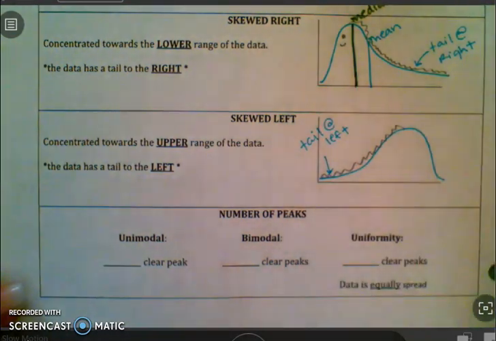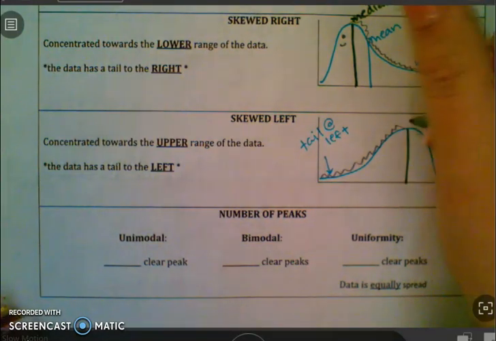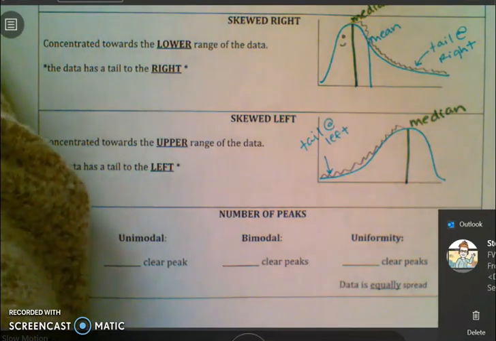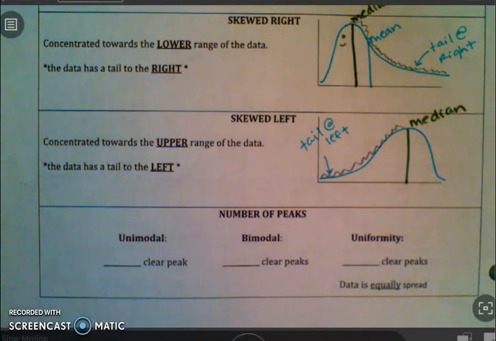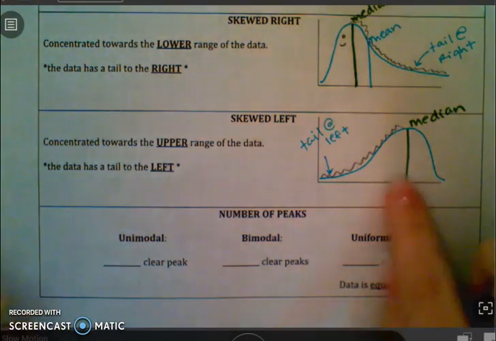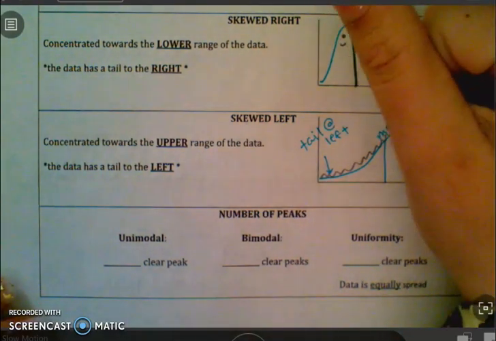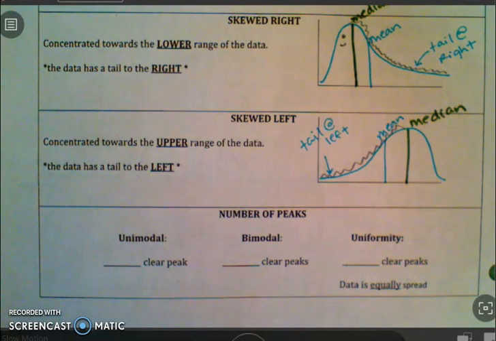So his tail is on the left. Okay, so remember, the median stays in the middle. But now we have the numbers being pulled to the left because that's where your tail is. So your mean is going to be the left of your median.